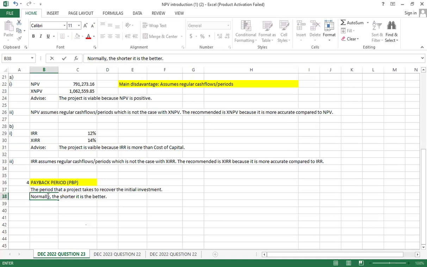So remember, you can use the payback period to, for example, compare two or more projects. And in terms of which project you will always recommend you undertake, you take the one with a shorter what? A shorter payback period.